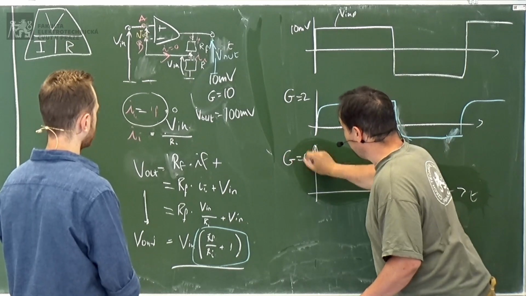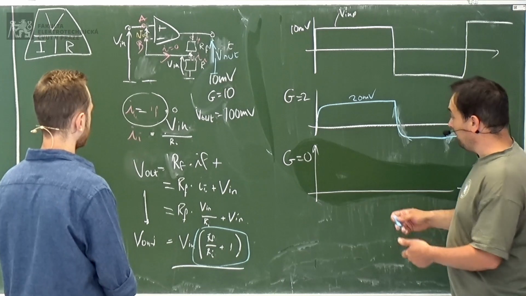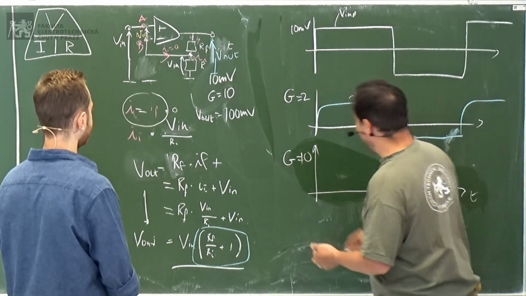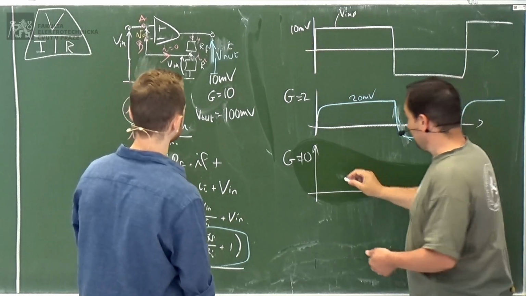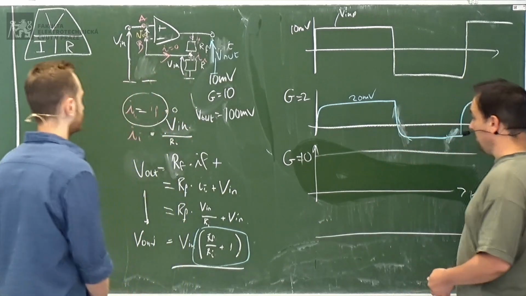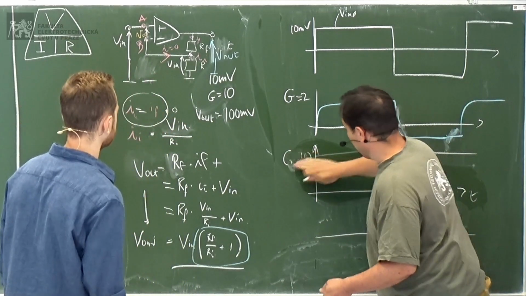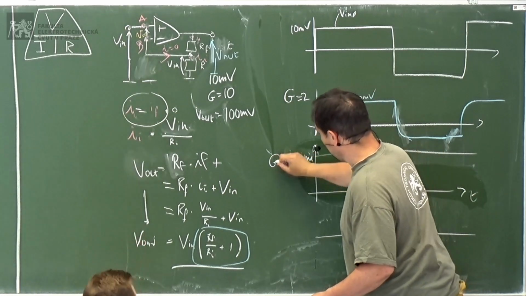If you increase the gain to 10, now it will go to 100 millivolts. So let's say this is going to be our 100 millivolts. We're swinging in the negative rails.